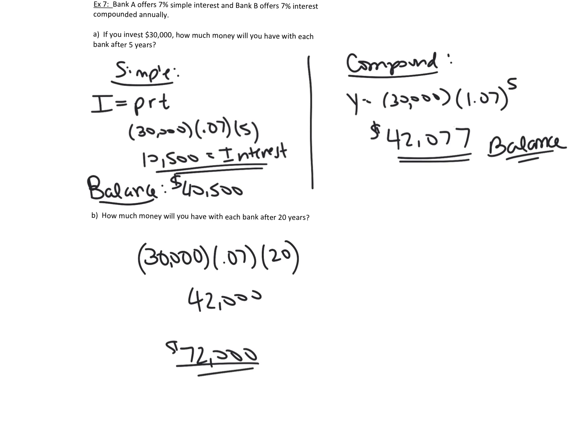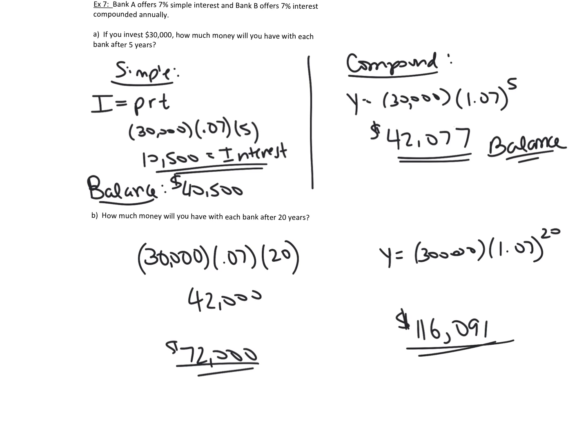And then in the Bank B example, the compound interest, I have y equals 30,000 times 1.07 to the 20th power. If you put that in your calculator, you now have $116,091. And you could see the difference now becoming dramatically greater.